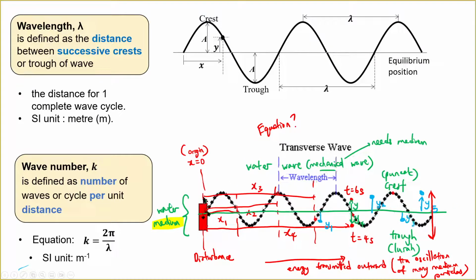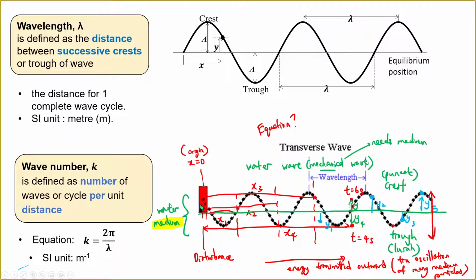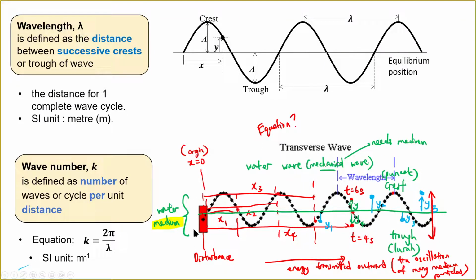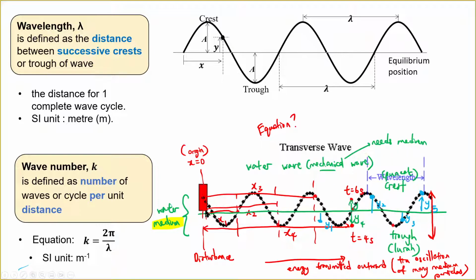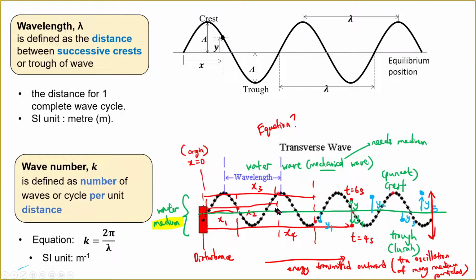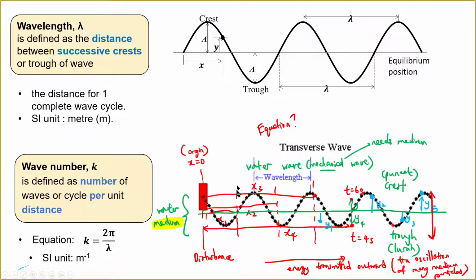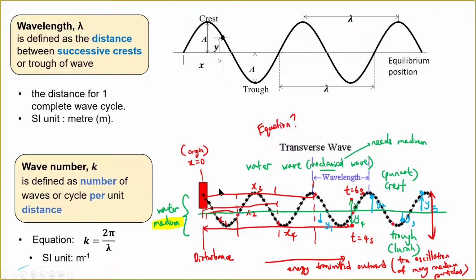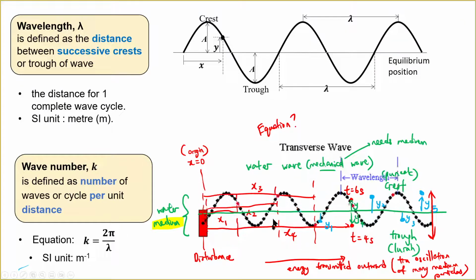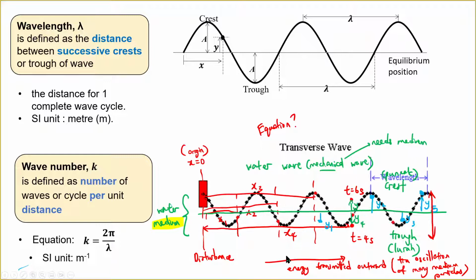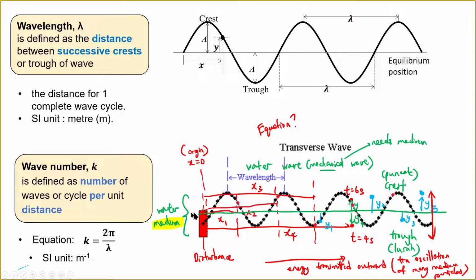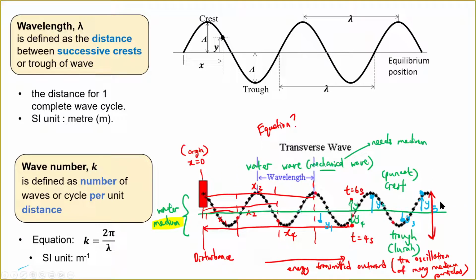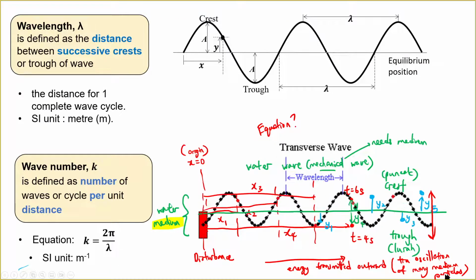At first, only the disturbance oscillates. But then it disturbs all the neighboring particles, and they also start to oscillate up and down, vertically. As the neighboring particles oscillate vertically, the energy is transmitted outward horizontally, from left to right, through oscillation of many medium particles.